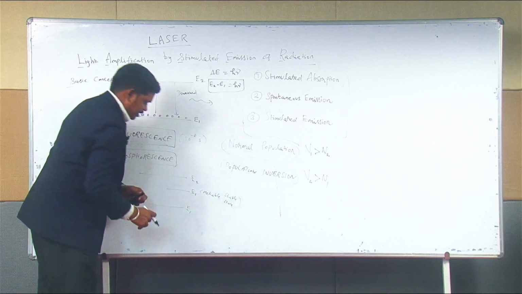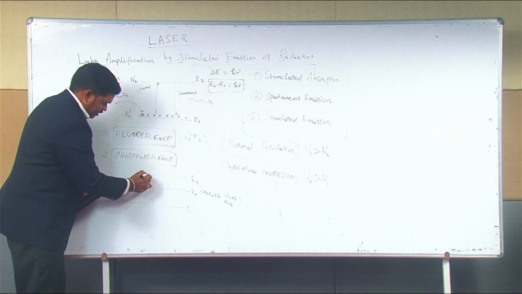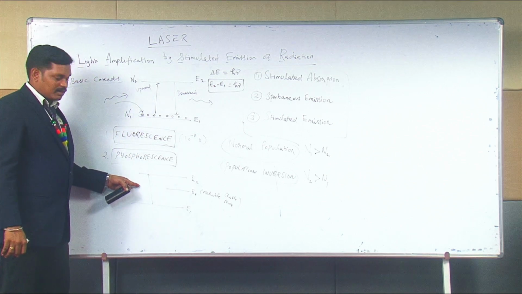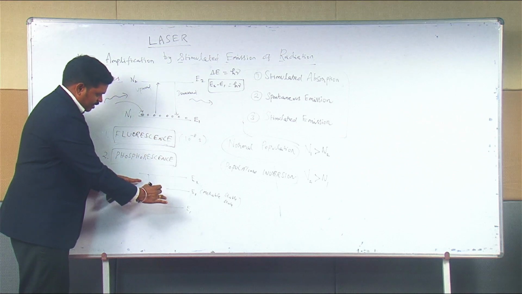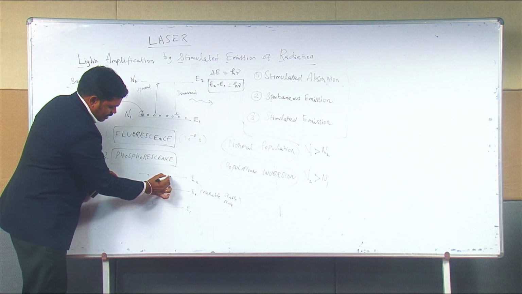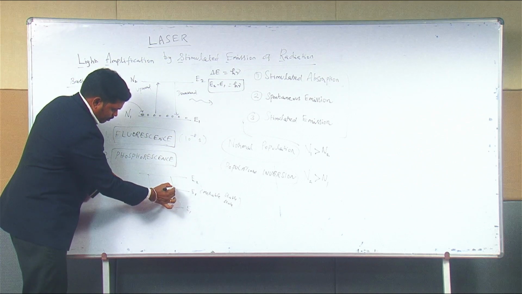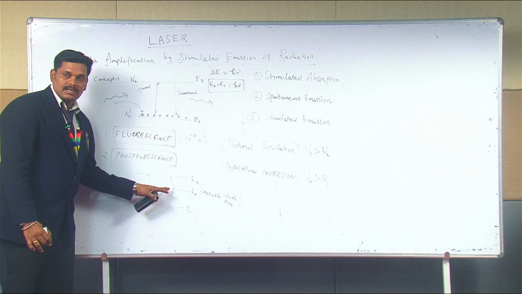In the metastable state, the atoms or molecules go to the excited state by upward transition, then after 10 power minus 8 second it will come back. In the 3 energy level system, the atoms or molecules in the excited state come back to the metastable state, stay for some time and acquire sufficient energy.